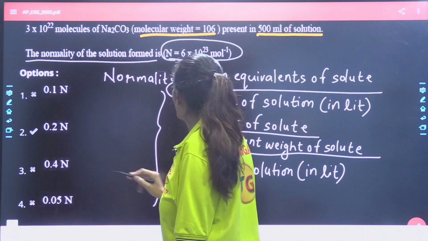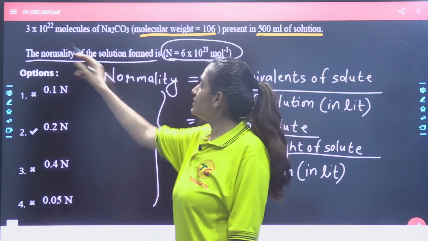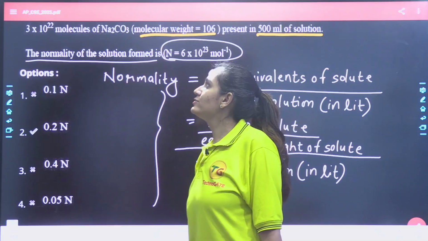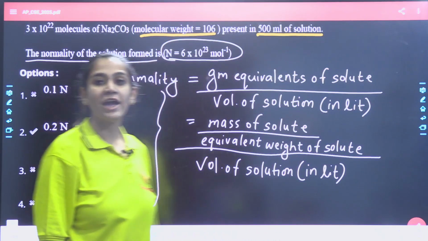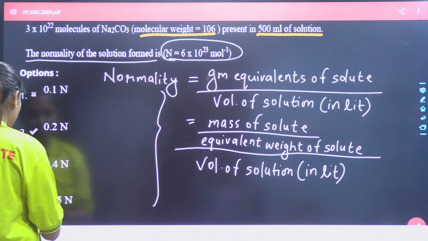Now see over here, we are not given the mass of the solute. What are we given? We have 3 into 10 raised to power 22 molecules of Na2CO3. Let's understand it with the help of a fresh page.